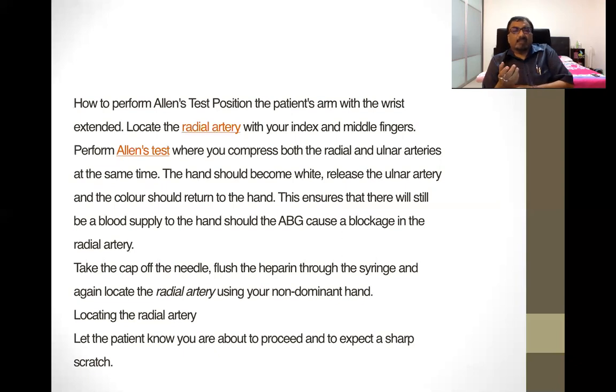If proper collateral circulation is not there, then you should not do the ABG on the radial artery. There is a complication like occlusion, which may put the hand in jeopardy.